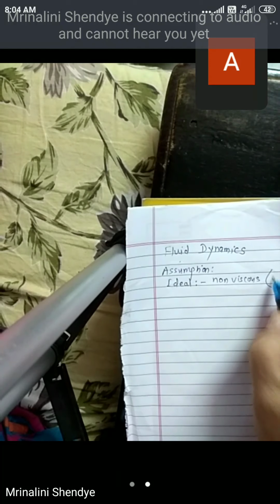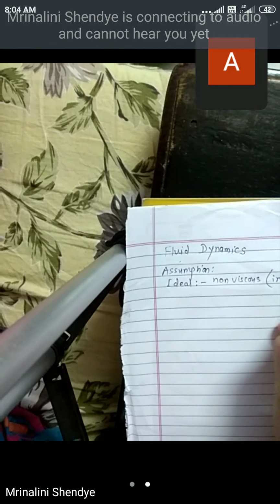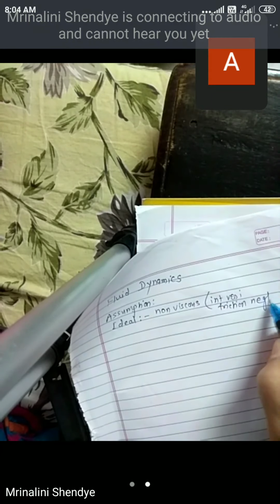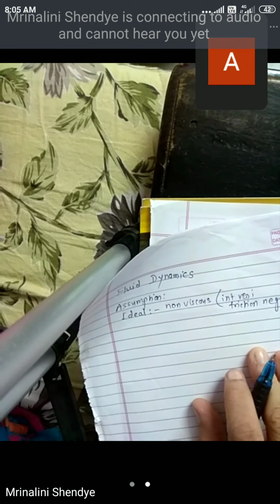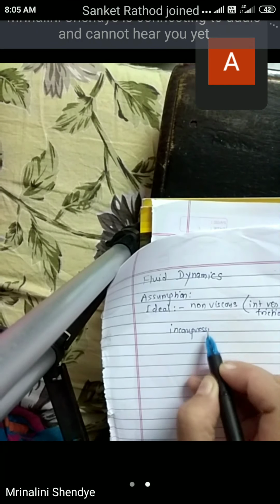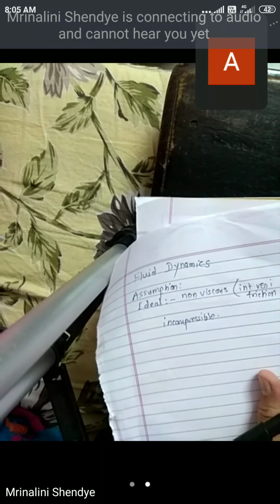Means internal resistance or friction is negligible. And we also assume this liquid to be incompressible. That is, density all over in every part of the liquid to be the same, to be constant.